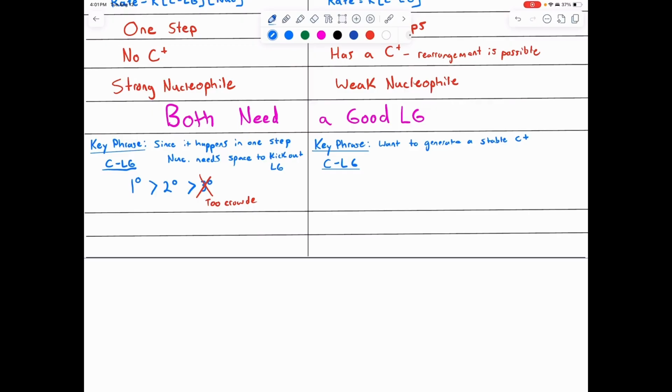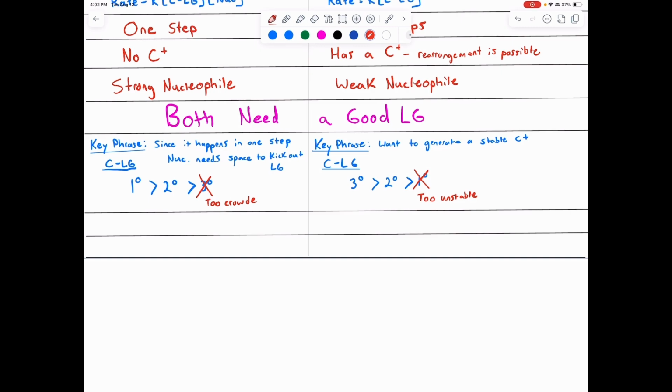So ideally with SN1, we want a tertiary leaving group, which would make a tertiary carbocation, which is more stable. Then we would want a secondary leaving group, and then very last, a primary leaving group. And so primary leaving groups generate primary carbocations, which is not good. So primary leaving groups would generate something too unstable to do an SN1 reaction.